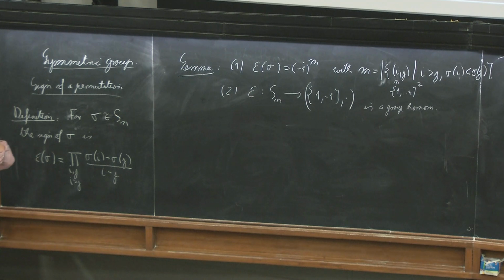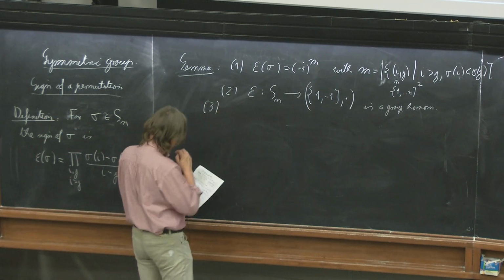Well, I claim it's not a rational number. I claim it's a sign. It's plus or minus 1. It's just this. I claim that this is plus or minus 1. Okay? It looks like a rational number, but it's plus or minus 1.